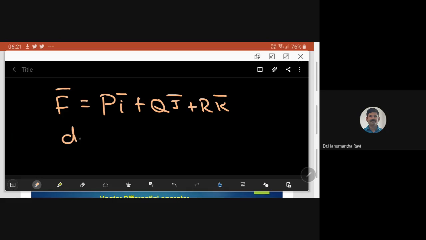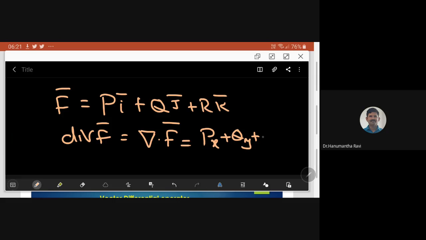If I write divergence of F bar, it can be represented as P subscript x, that is dou P by dou x, plus Q subscript y, that is dou Q by dou y, plus dou R by dou z. This is how it can be represented.